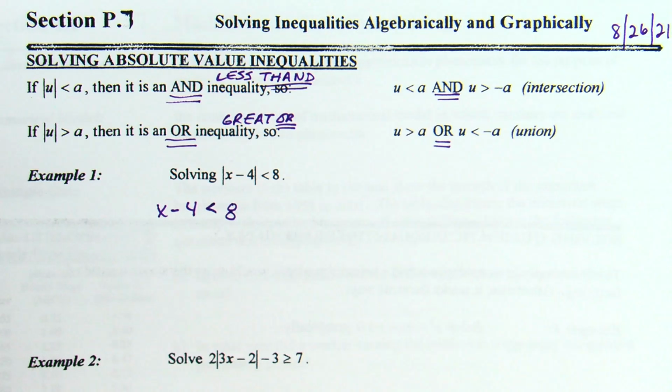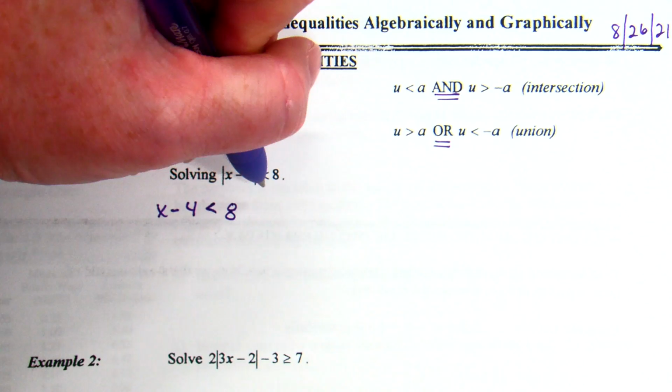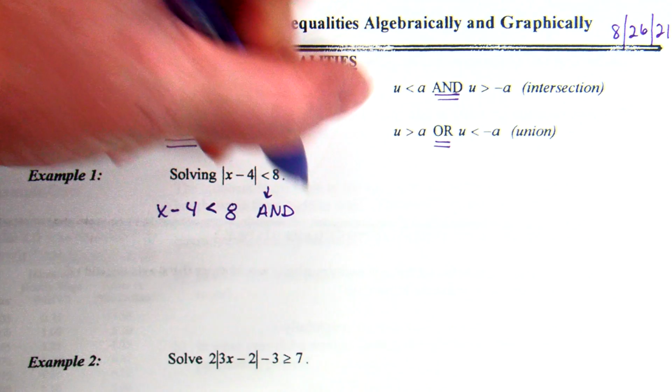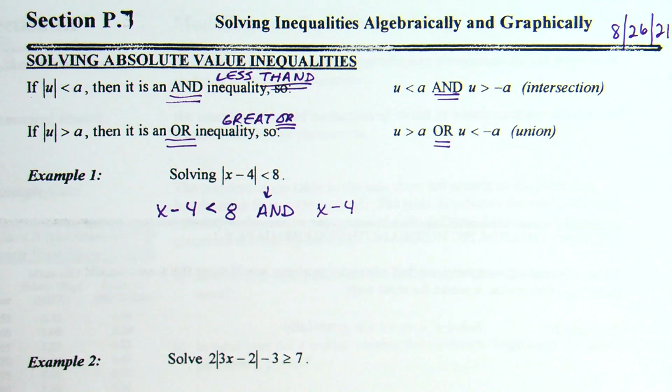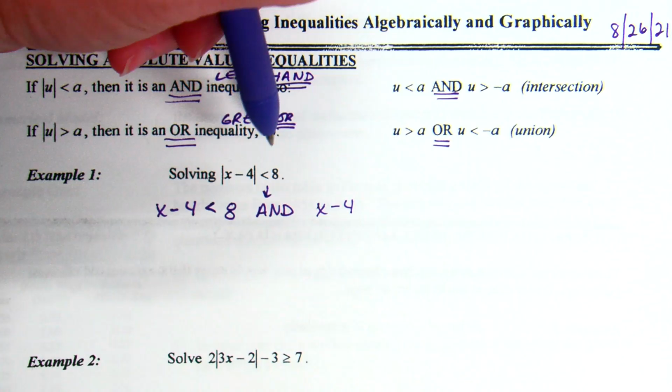You can't think alligator mouth because we don't know what's bigger, but x minus 4 is less than 8. What word am I going to use to connect these statements? And. Because it is a less than sign, I'm going to connect them with the word and. What's my second inequality? Keep whatever's in the absolute value, x minus 4.